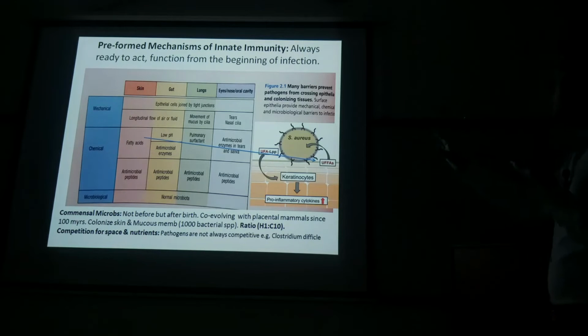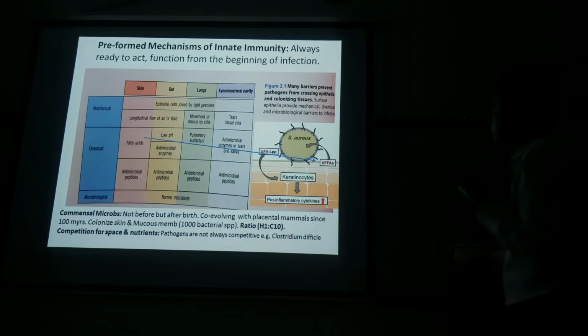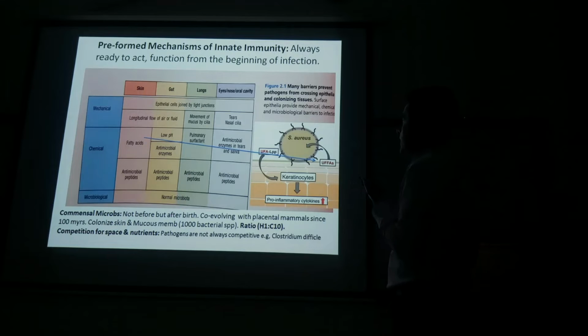There are just some examples that I want to tell you about. In some cases, for instance, certain unsaturated fatty acids can kill Staphylococcus aureus, which is a very notorious pathogen.